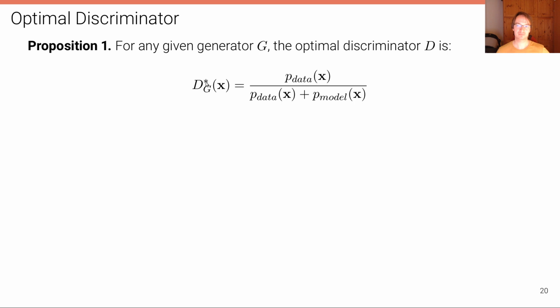D star, the optimal discriminator for that particular generator G, at X is the data distribution of X, or the data likelihood of X, divided by the data likelihood of X plus the model likelihood of X.